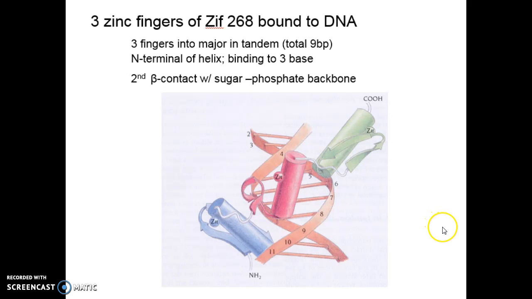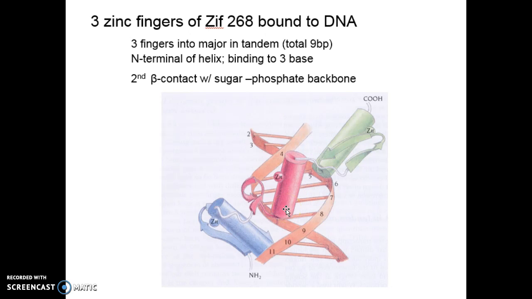The 3 zinc fingers bind in tandem to the major groove of DNA. The zinc fingers have the same structure and bind in a similar way, with the N-terminus of the alpha helix pointing into the major groove. Each finger makes its sequence-specific contact with 3 base pairs. The 3 tandemly oriented zinc fingers therefore bind to 9 consecutive base pairs in the major groove.